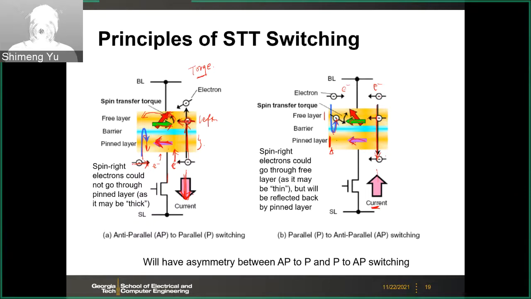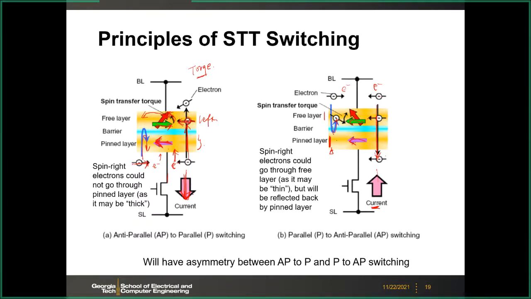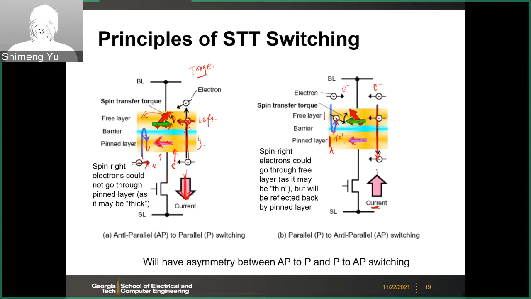The spin left will pass through. Then the reflected spin right electrons will come back to the free layer, and that is the force to generate the torque to flip the magnetization of the free layer to the right, because here is the spin right electrons.